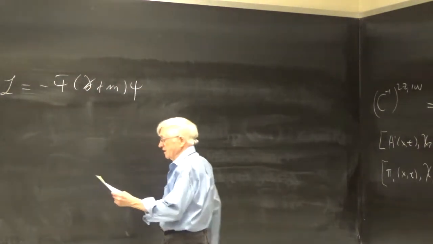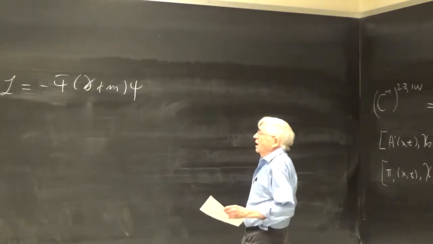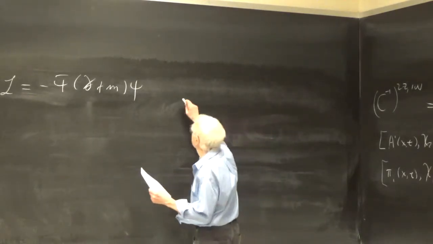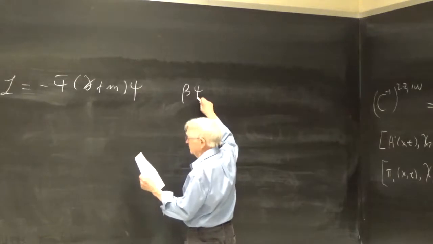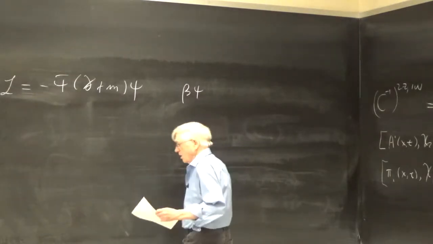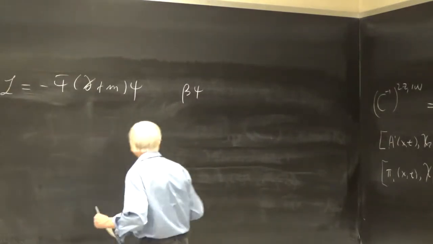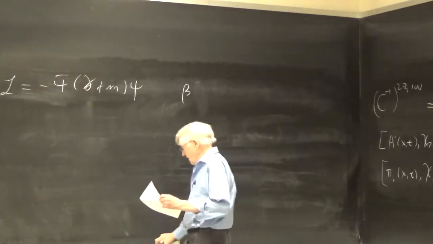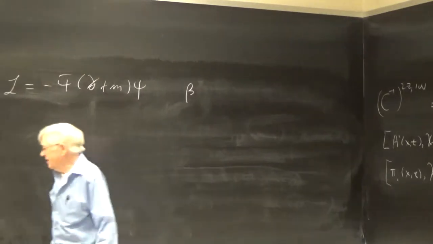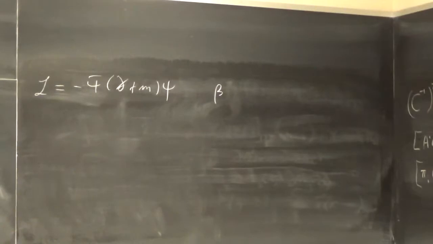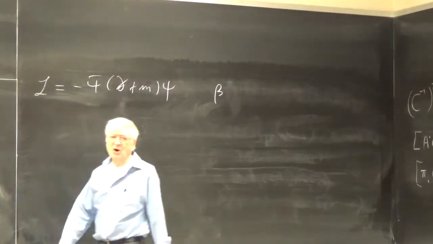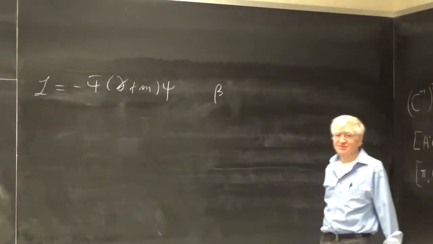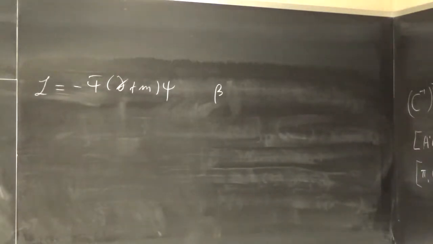So this is the Dirac action. And remember, in Weinberg's notation, β is, by the way, this very nice matrix, 0, 1, 1, 0. So there are no i's, no minus signs. It's just an identity that's sort of cross-eyed.